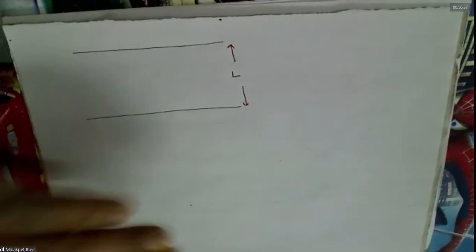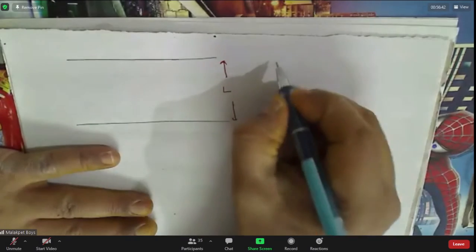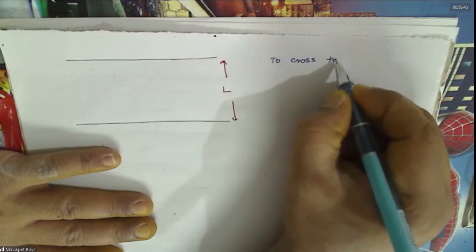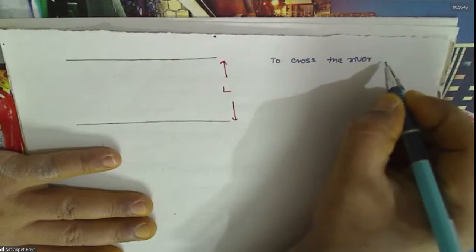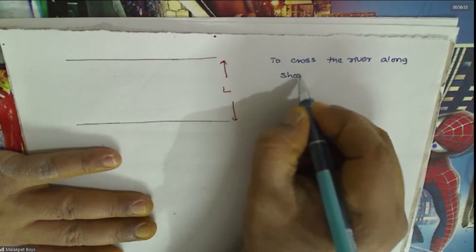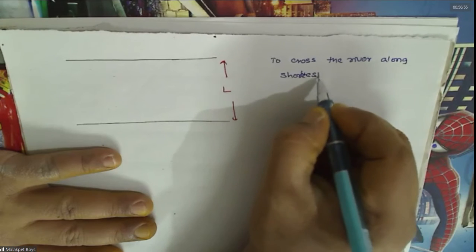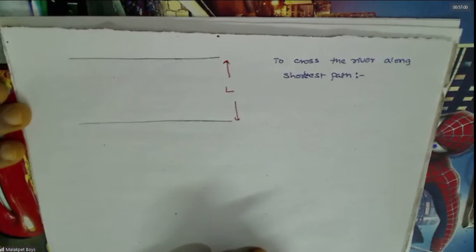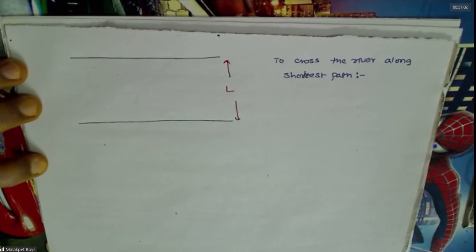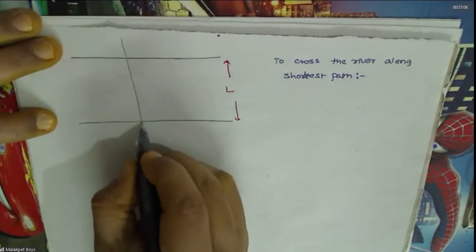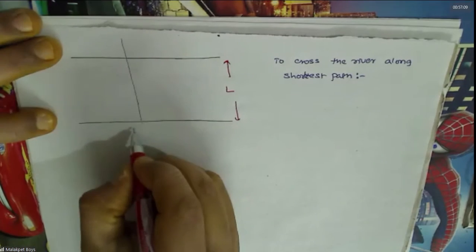See, sometimes he'll say he wants to cross the river in minimum time, as previously. Now the second case is to cross the river along the shortest path. The shortest path means x is 0.